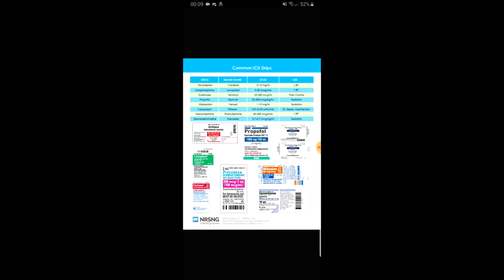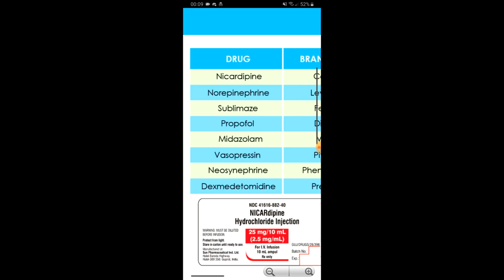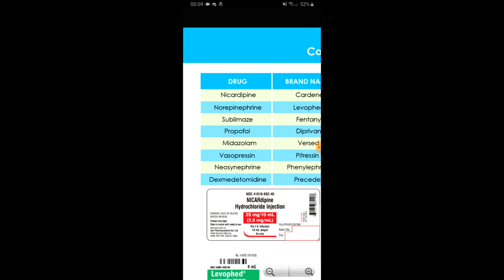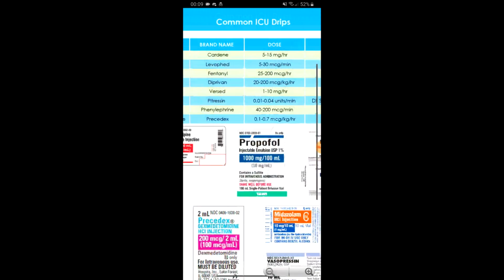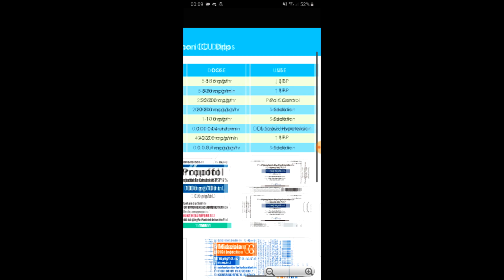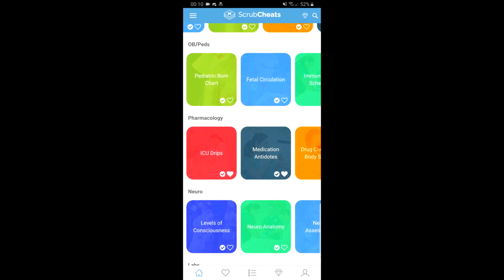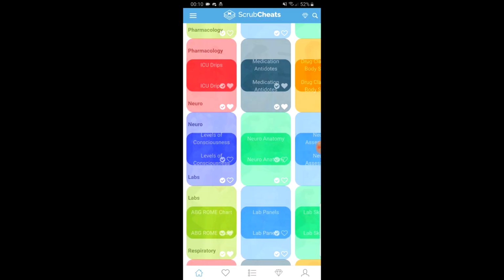Pharmacology itself, so ICU drips, you know, you're talking about your noradrenaline there, propofol, midazolam. It gives the brand name, dose, how much you normally give, and then what it's used for. It's also nice because it's got the box of what those medications normally come in, so you can be like, oh okay, that's exactly what it is.